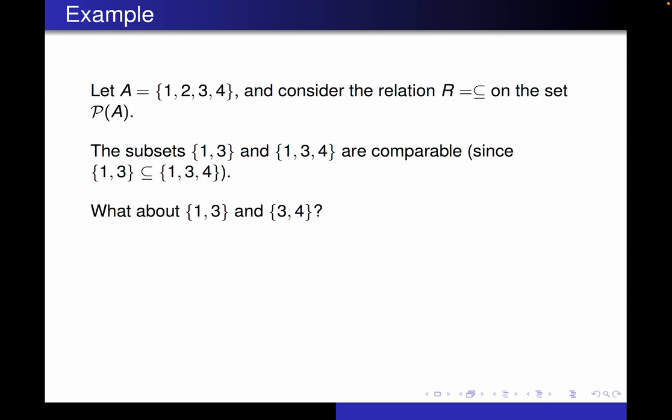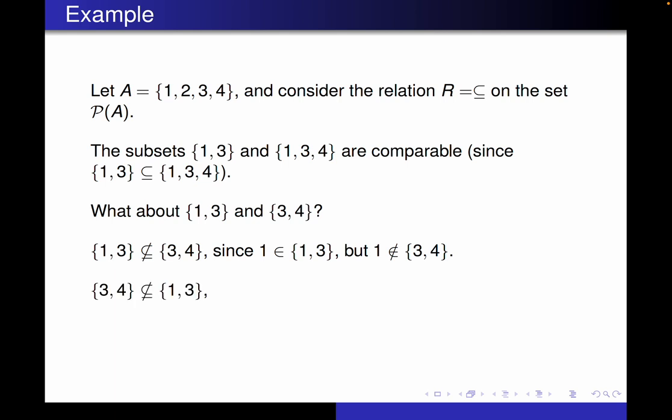However, if we look at the two sets, one of which contains 1 and 3, the other containing 3 and 4, it turns out those aren't comparable. And let's see if we can figure out why. Well, first of all, note that the set containing 1 and 3 is not a subset of the set containing 3 and 4. The reason is that 1 is an element of the first set, but it is not an element of the second set, so it can't be a subset.